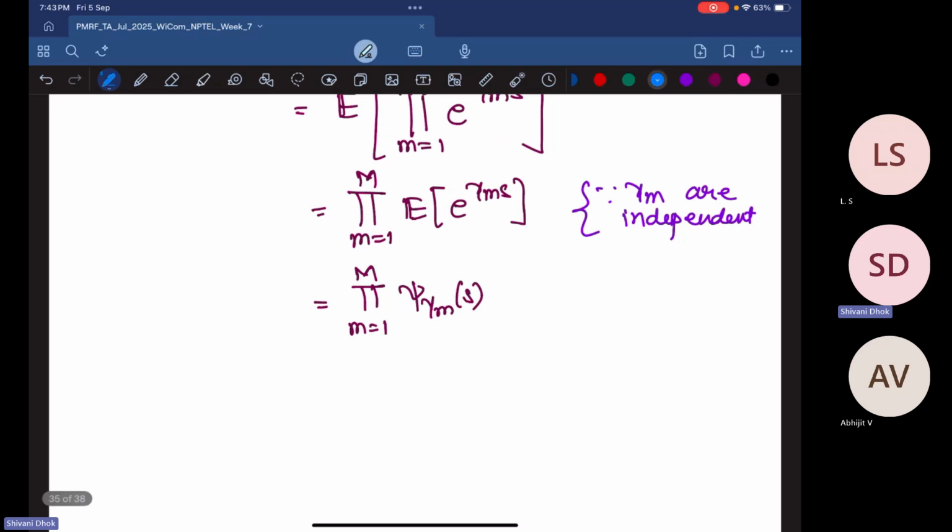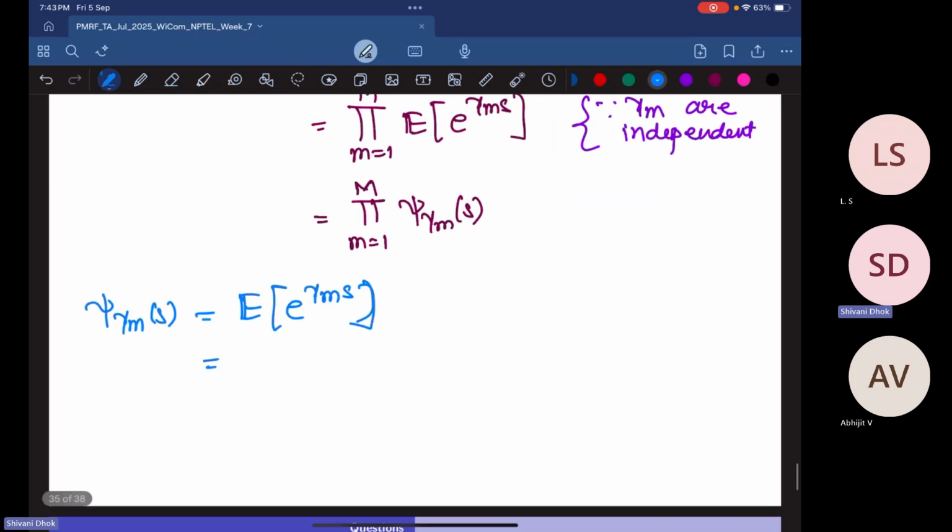Next, let us evaluate this psi of gamma m of S, which is basically the expected value of e power gamma m S, which is nothing but the integral from 0 to infinity of e power gamma m S into f of gamma m d gamma m.